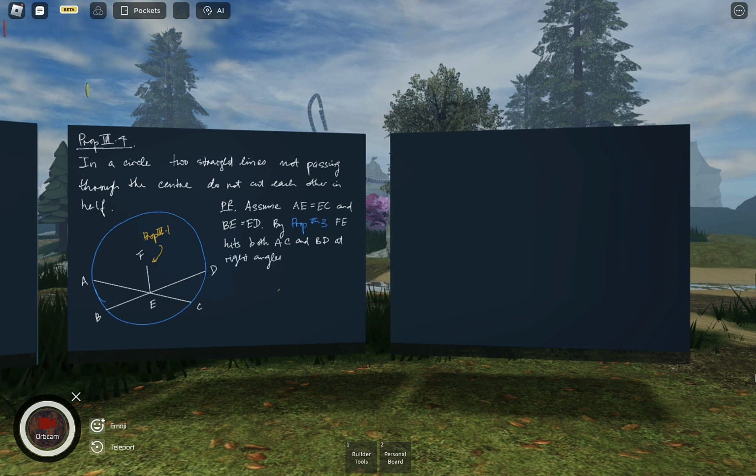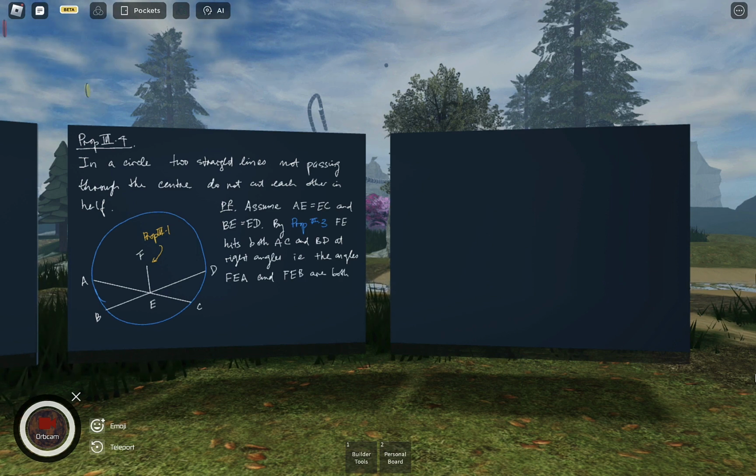And of course, that's because we've assumed that FE bisects these lines, right? So it hits them at right angles, i.e. the angles FEA and FEB are both right angles.